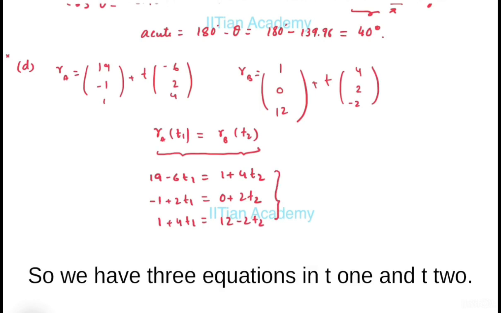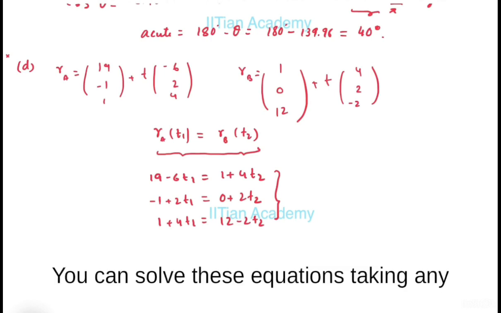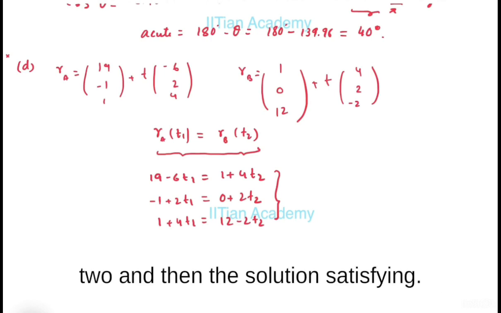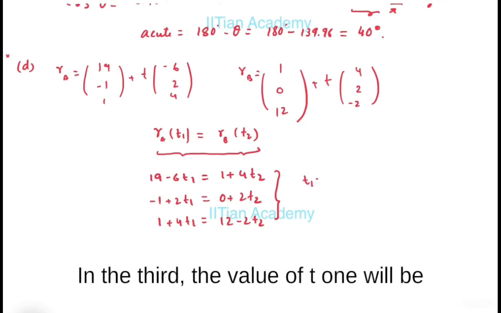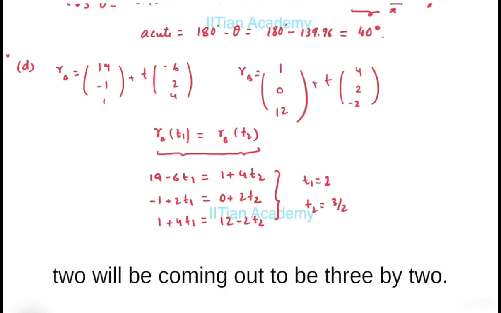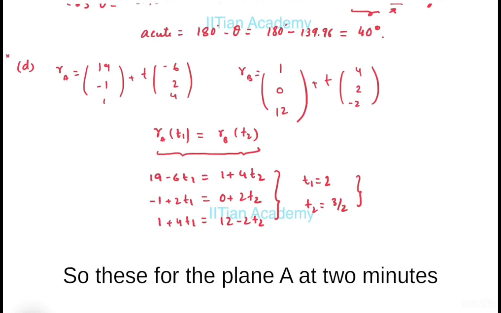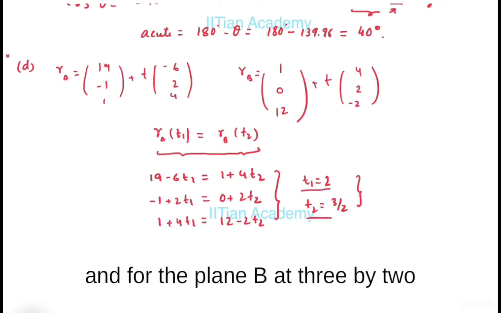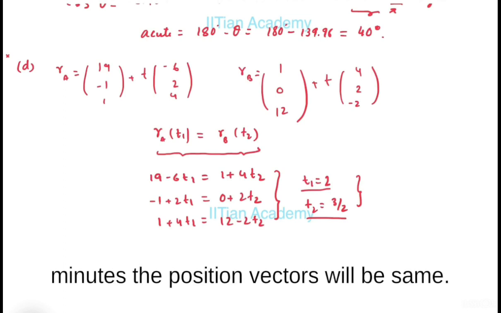So we have three equations in t1 and t2. You can solve these equations taking any two and then check the solution satisfies the third. The value of t1 will come out to be 2 and the value of t2 will come out to be 3 by 2. So for plane A at 2 minutes and for plane B at 3 by 2 minutes, the position vectors will be the same.